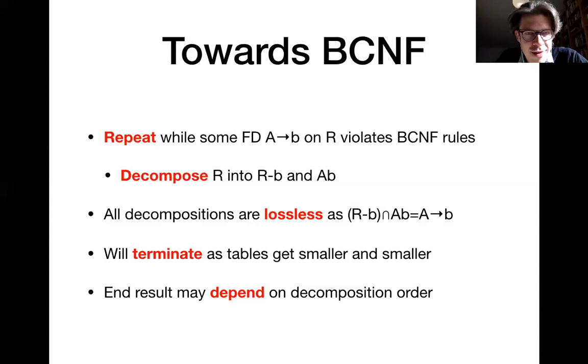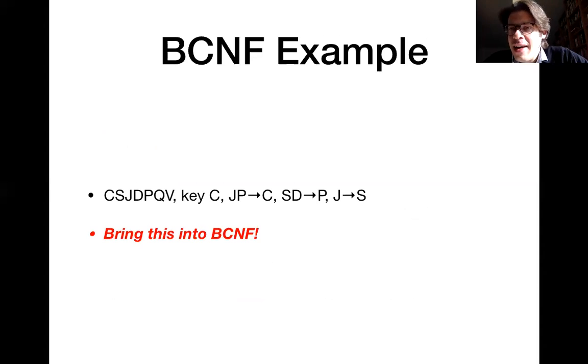All right, good. So then let's make a little example. You can also find this example in the book. Here we have given a schema simply as a collection of attributes. We assume that we have one relation which includes columns called C, S, J, D, P, Q, V. I'm not going to go into detail with regards to the semantics of those columns.